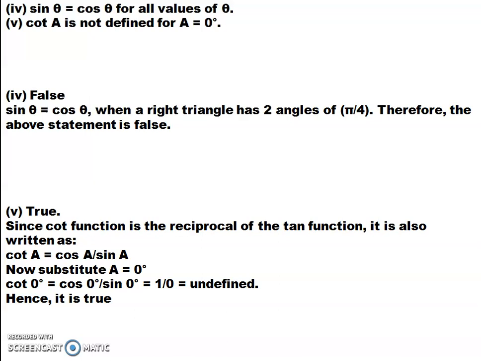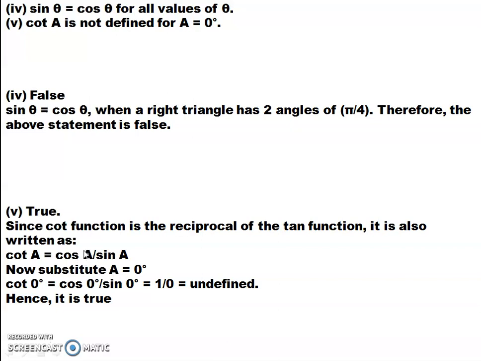Next, cot A is not defined for A equal to 0 degree. So you need to prove that cot 0 degree is not defined. Students, can you tell me what is the description of cot A? Here you can see that it is cos A by sin A. What is cos 0?